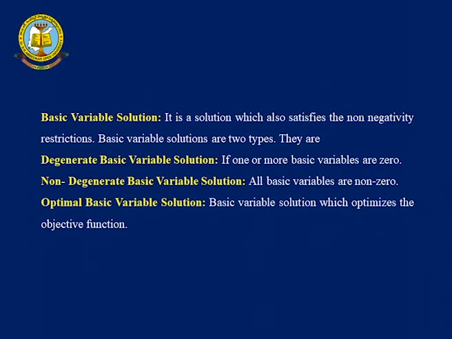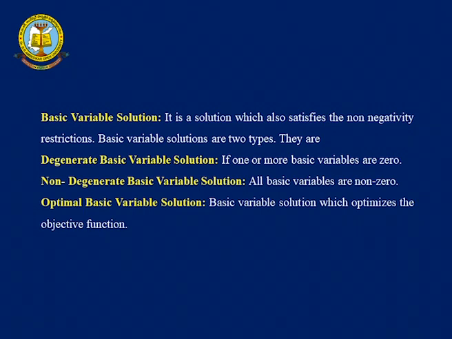And a basic feasible solution is a basic solution which also satisfies the given non-negativity restrictions. Basic feasible solutions are of two types: one is the degenerate basic feasible solution, and the other is the non-degenerate basic feasible solution. Coming to the meaning of a degenerate basic feasible solution?